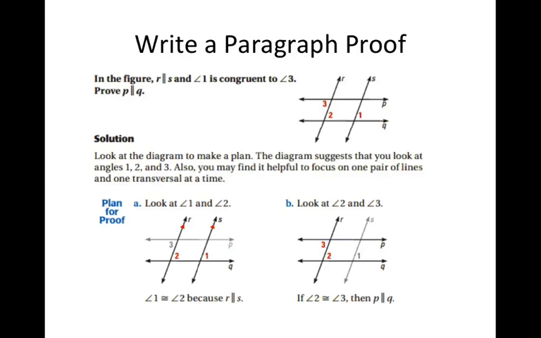So if we have P and Q as our lines, and now R is my transversal, if we can establish something like alternate interior, alternate exterior, or corresponding angles, then we will be able to prove that P and Q are parallel. Let's go to the proof.